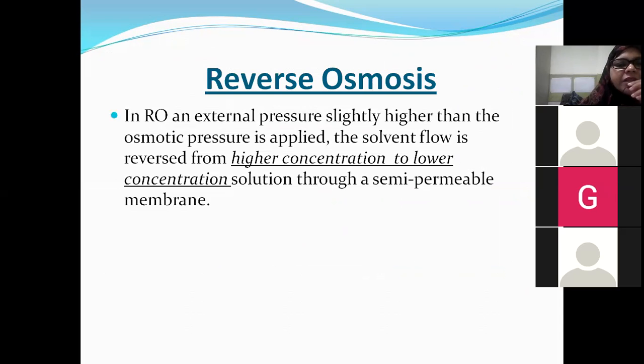In reverse osmosis, an external pressure slightly higher than the osmotic pressure is applied. I just told you what osmotic pressure is: when in osmosis the fluid moves from lower to higher concentration, the water level rises in the other container, and osmotic pressure is developed. There we did not apply any pressure, but here we are going to apply external pressure.